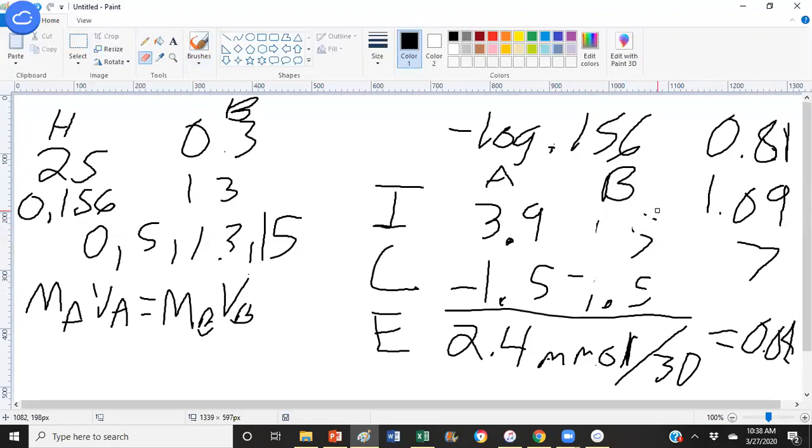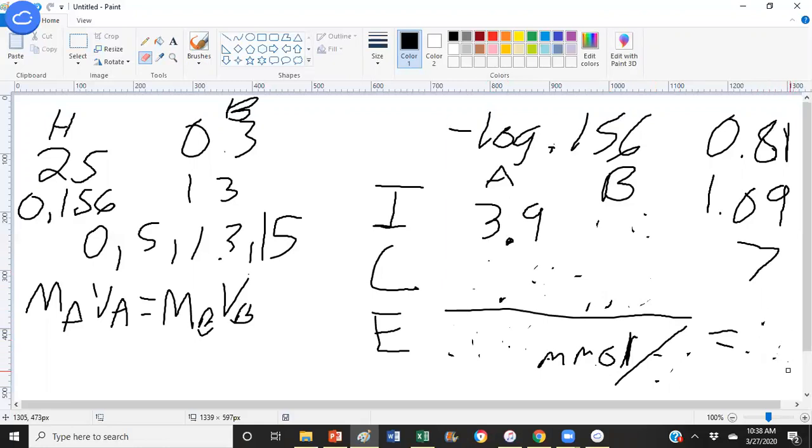Now, the last step is, what's the pH after 15 mLs? I'm just erasing. Now, the amount of acid stays the same. We still have 3.9. But now we have 15 mLs of base. So 15 times 0.3 is 4.5.